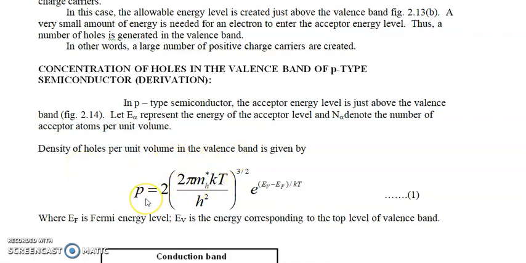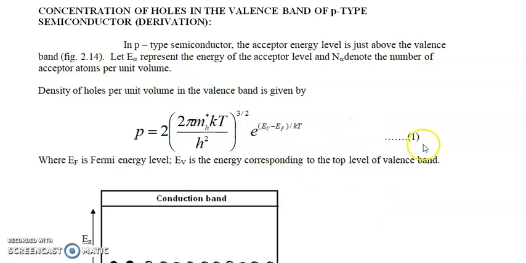That is p equals 2 into (2 pi mh star kT by h squared) to the power 3 by 2, where mh star is the effective mass of the hole, times e to the power (EV minus EF) by kT. We keep this as equation number 1, where EF is the energy of the Fermi level and EV is the energy of the top level of the valence band.